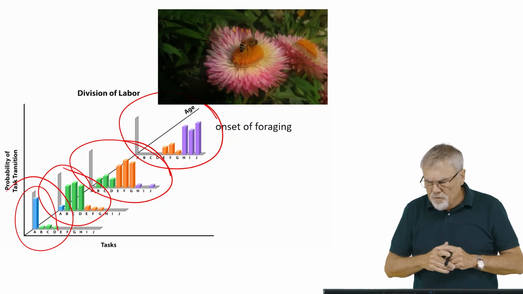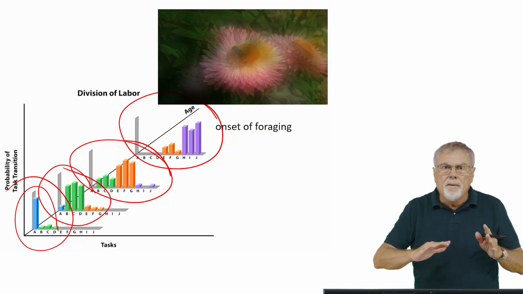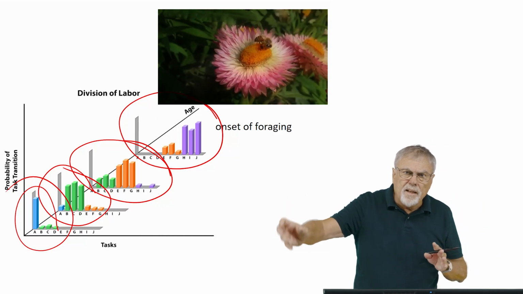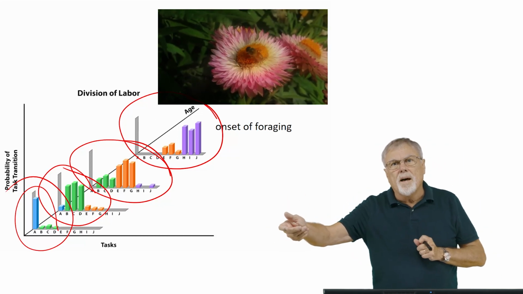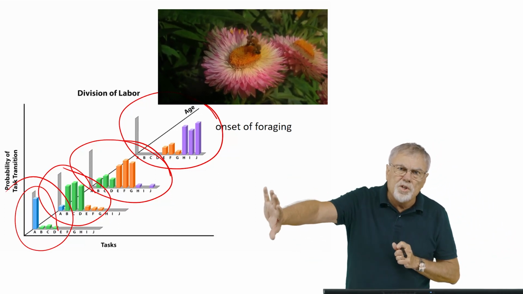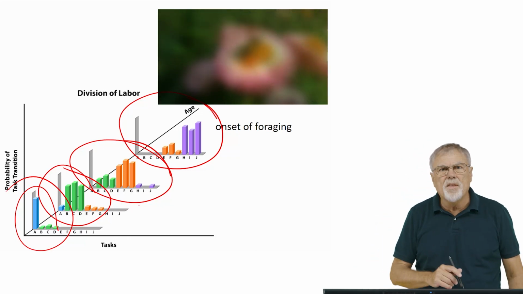And when they initiate foraging, they will be going out of the nest. They leave the nest, they fly around, they collect pollen and nectar. And once they start foraging outside the nest, they seldom engage in any of the tasks within the nest again.